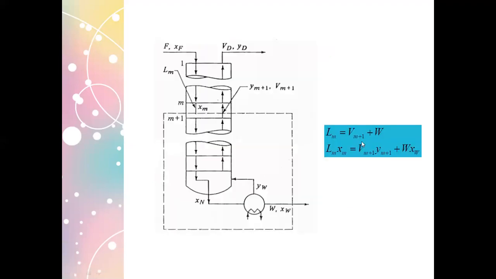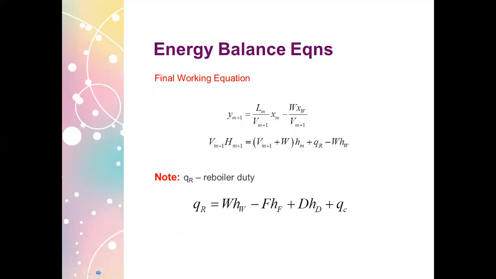Take note, class, that L sub M was already replaced by V sub M plus 1 plus W in here, your L sub M, H sub M. V sub M plus 1 multiplied to enthalpy, this is your L sub M, H sub M, and this is plus Q sub R minus W H sub W. This is the final equation for your energy balance in your stripping section.